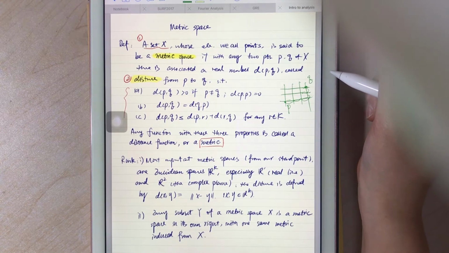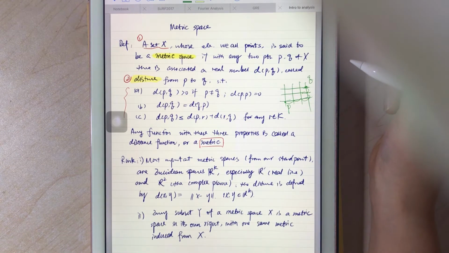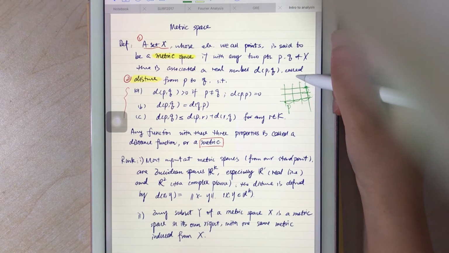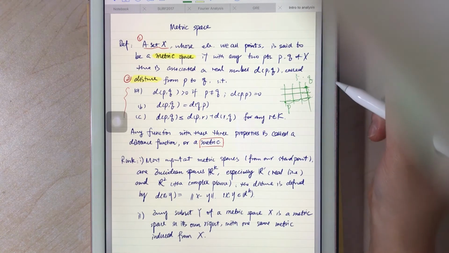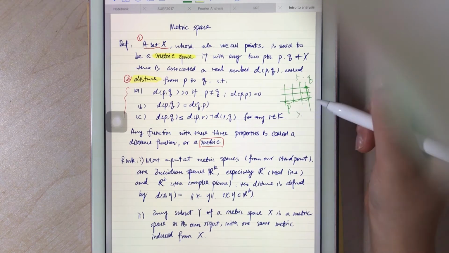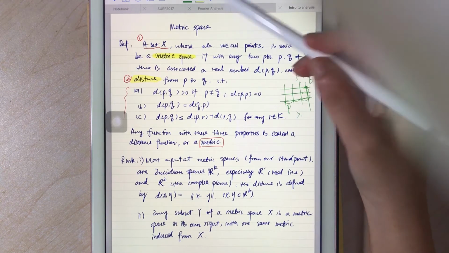Sometimes we also give different weights to different lines. Maybe for vertical lines we give a weight of 5 for each segment, and for horizontal lines a weight of 3 for each segment.